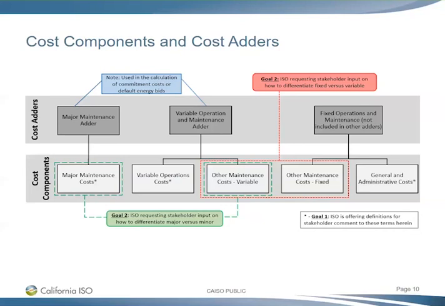We define them in terms of corrective maintenance, preventive maintenance, predictive maintenance. And so one of our comments is that it might be helpful to think in those terms to help identify which ones are more directly related to energy production. Otherwise, it's pretty hard to just bucket things as short run versus long run.